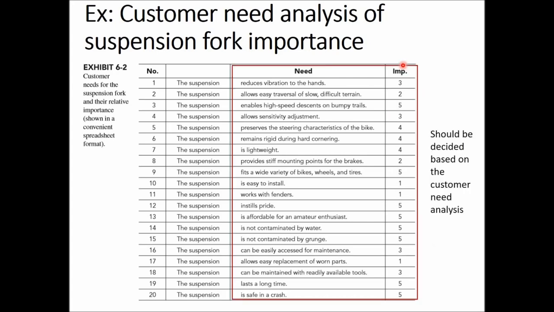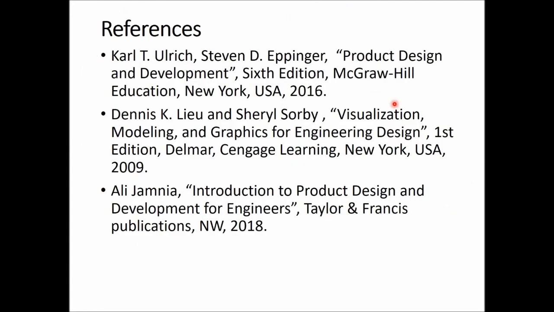So this is what you need to do during the customer need analysis. In the next exercise, in the next couple of weeks, what you are supposed to do is the customer need analysis, and rank the needs of the customers according to their relative importance. This is the starting point for the next exercise. Thank you.